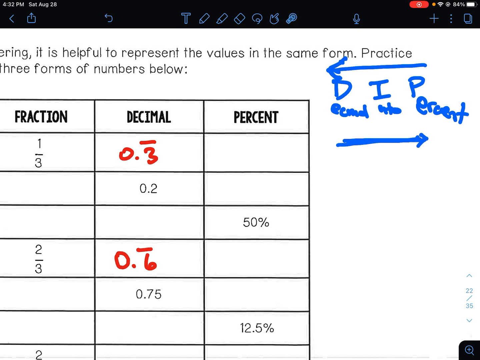Okay, so if you're trying to turn a decimal into a percent, you're going to dip 2 spaces to the right, and it's always going to be 2 spaces, 2 decimal points. So decimal into percent means you move the decimal point to the right. Percent into decimal means you're moving it to the left. So let's say I had something like 1.5%, and I want to turn that into a decimal.